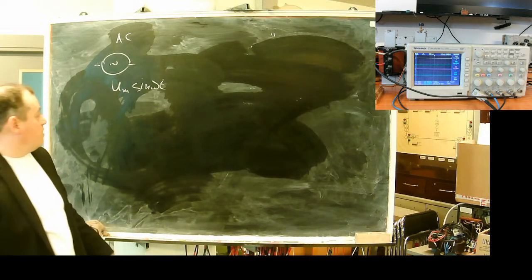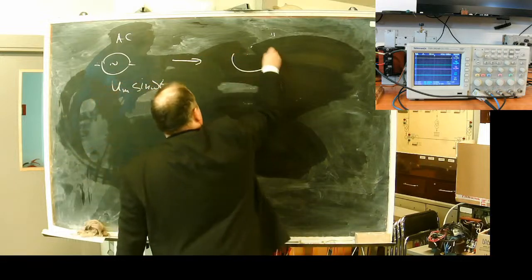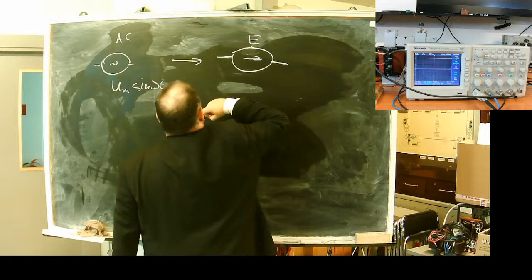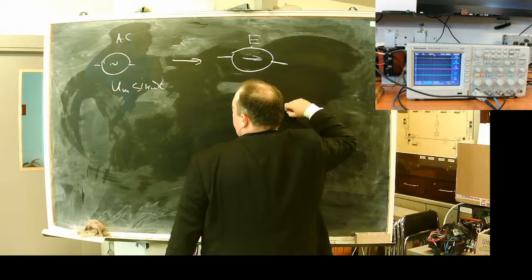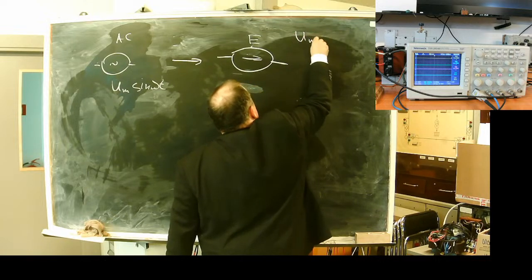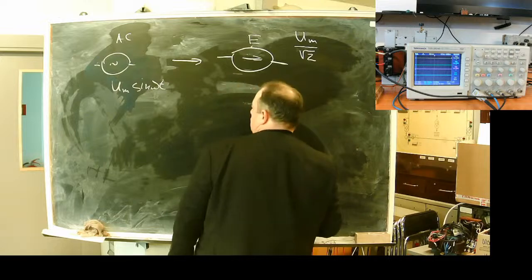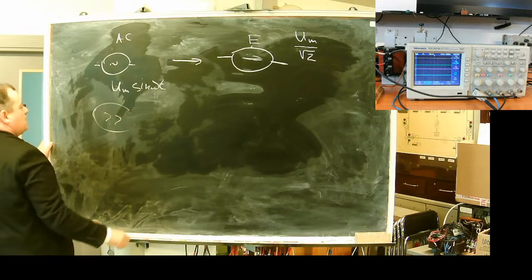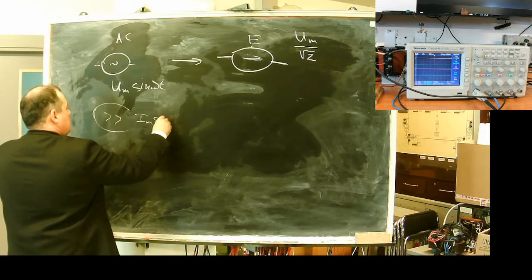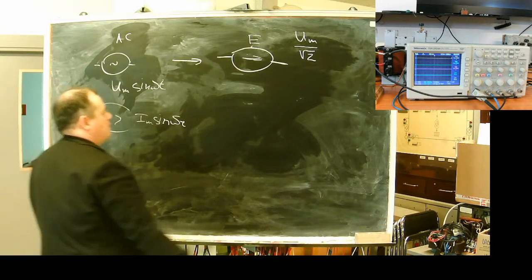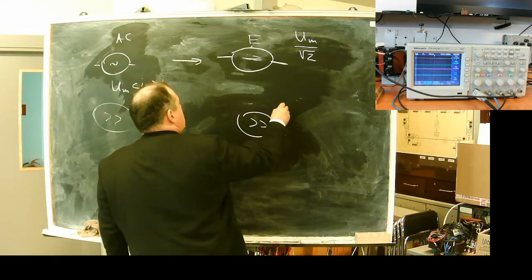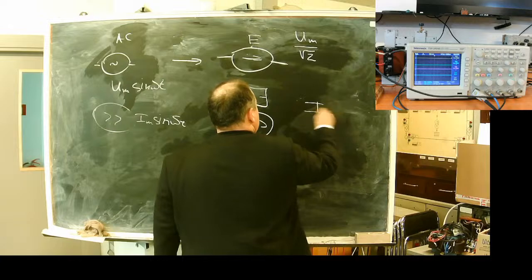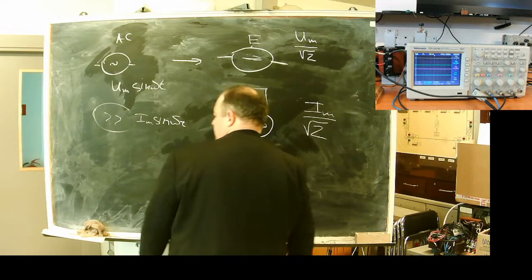What will we use in our calculus? The amplitude divided by the square root of 2. We have a current source with amplitude divided by the square root of 2.